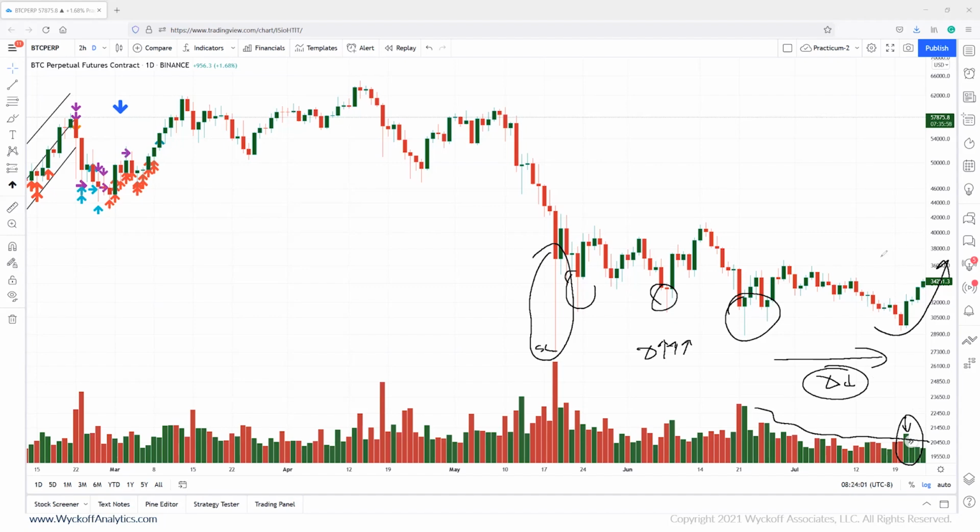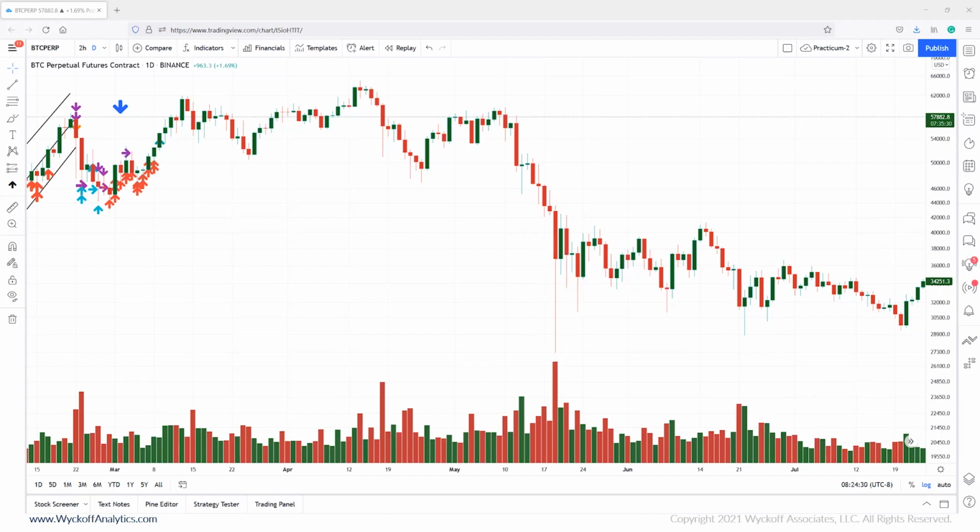But if this is truly the beginning of the new uptrend, then we should start observing the emergence of demand, because a lot of systematic models of money managers and traders in general are going to indicate that this could be a potential emergence of a new trend, specifically above this area right here. As we go through, we should have some big bars with a big increase in demand signatures, and that would again confirm a bullish scenario.